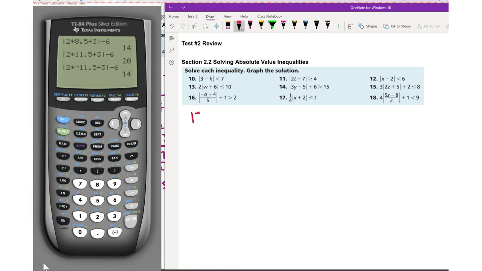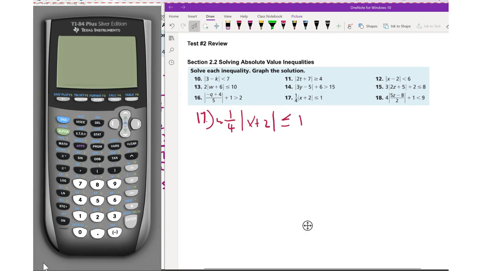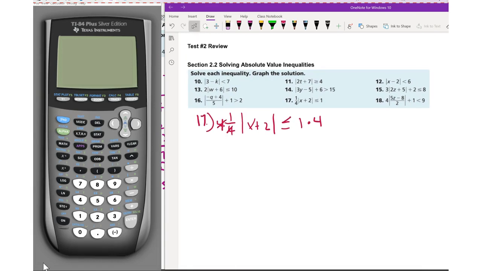I'm going to do number 17. And you notice you have a fraction that's right here next to the absolute value. Remember, before you could remove the absolute value, you have to multiply by 4, because 4 divided by 4 is 1.